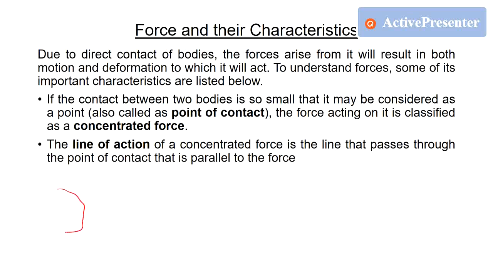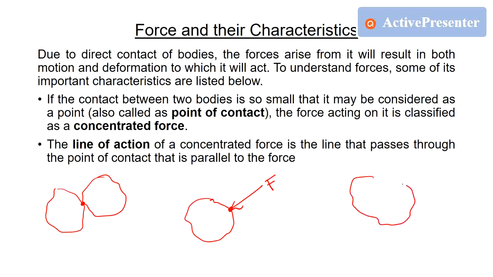So if we have two bodies right here that are in contact at a single point, at this point we have a force, let's say force F, and the same to the other body, force F. As you can see, this point right here is what we call the point of contact.